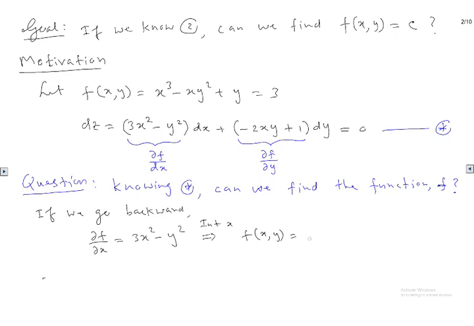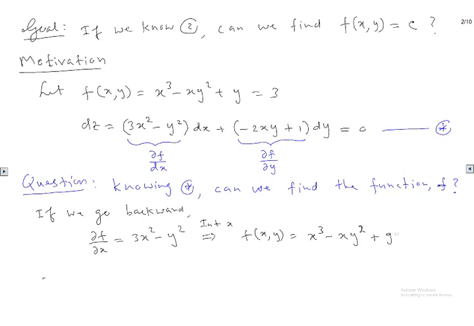So you're going to get x cubed minus, so y is a constant, you are integrating a constant, so that means you're going to get x and then y squared. But there's a slight new term here, because you took a partial derivative, so we don't know whether there was a constant function of y. So that means once you integrate, you need to add that constant function of y.